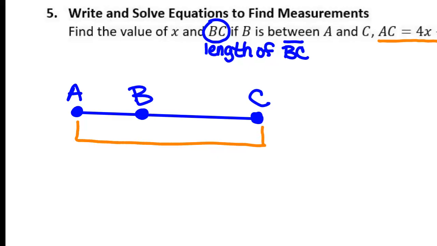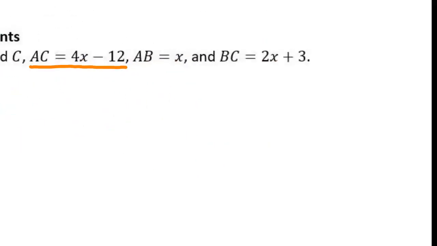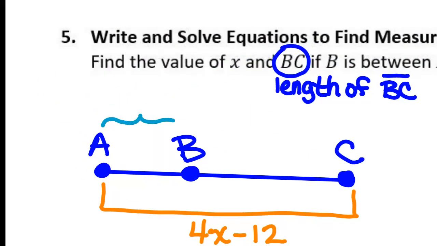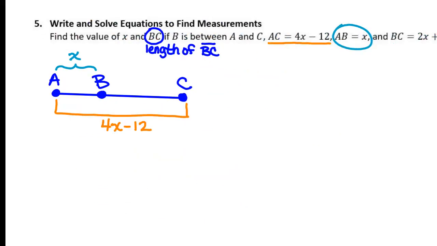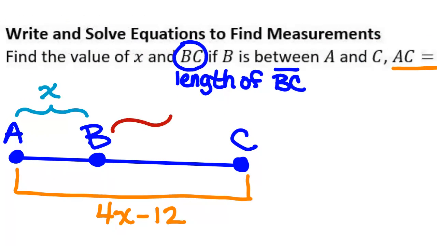So this distance right here is 4x minus 12. AB is x. So this distance right here is x. And then we have that BC is 2x plus 3. So right here, 2x plus 3.